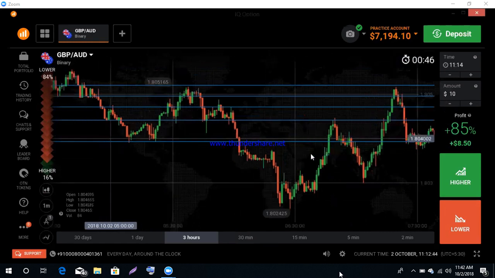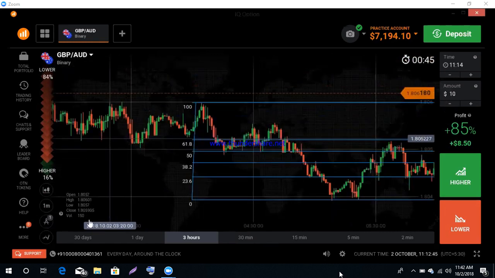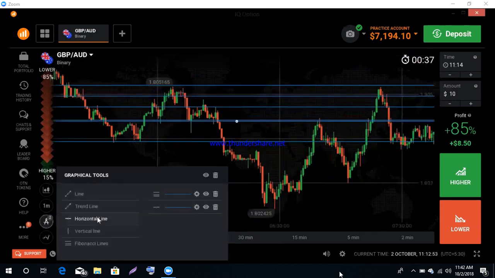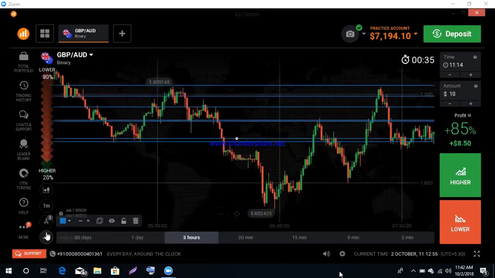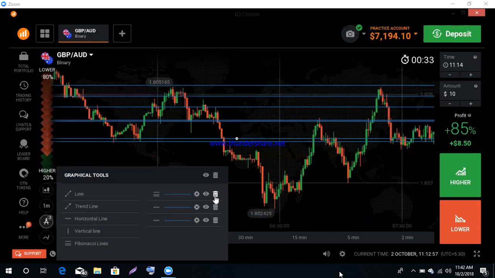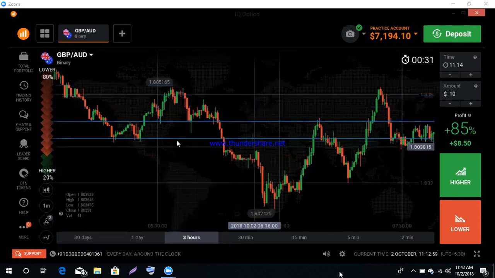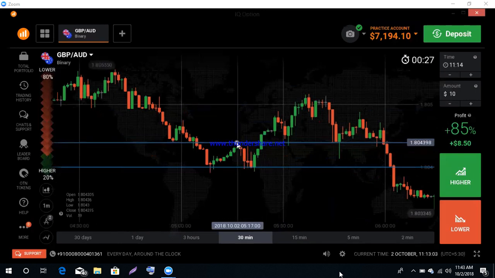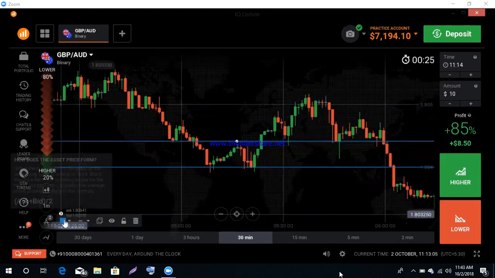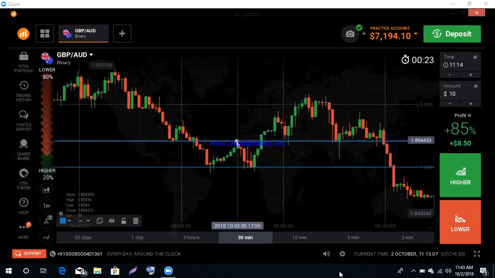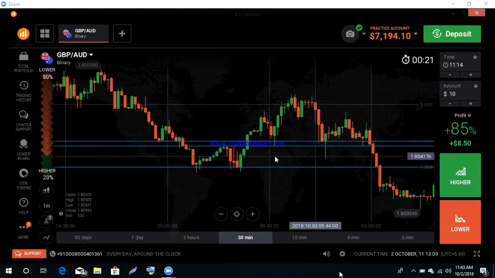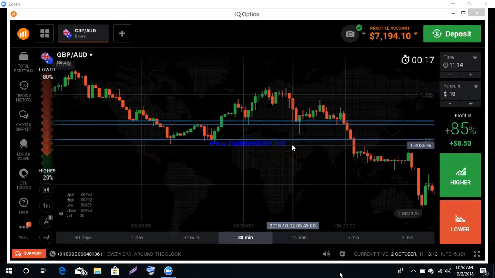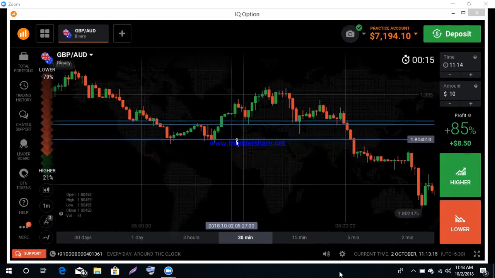So I think this level and this level, these two lines are working. Okay, I'm going to remove it. We can adjust the level according to the market. This one and this one.